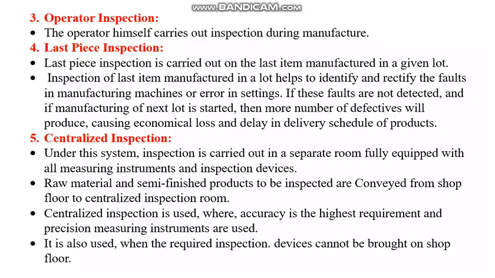In a lot the first piece was checked, and in a lot the last piece is being checked now. Inspection of the last item manufactured in a lot helps to identify and rectify the faults in manufacturing machines or errors in settings. Now you have tested the first one, and now and then you check the last piece.